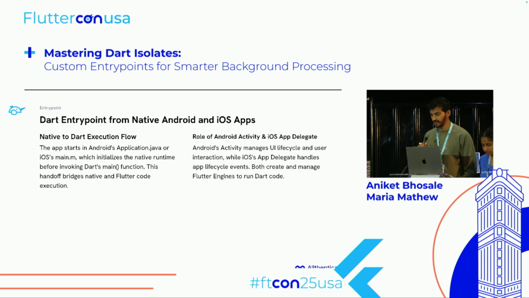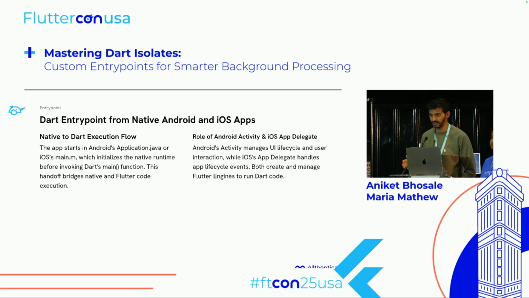All right, we can now talk about how the default isolate gets created on both native iOS and Android. The execution flow really starts from what is called an activity in Android and an app delegate in iOS, where they manage the UI life cycles of an app.